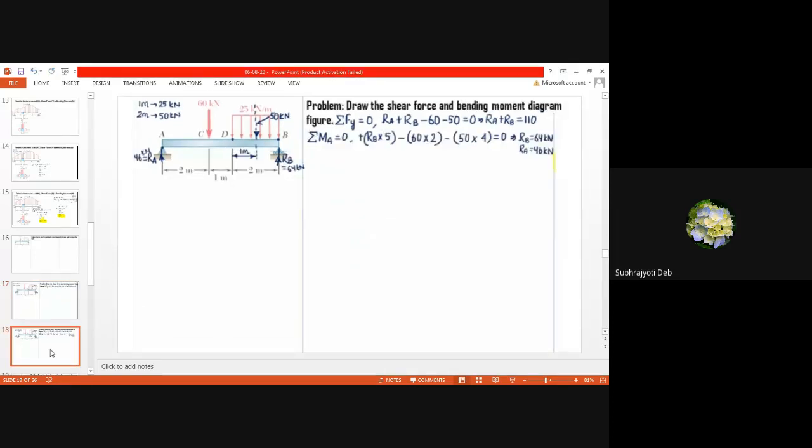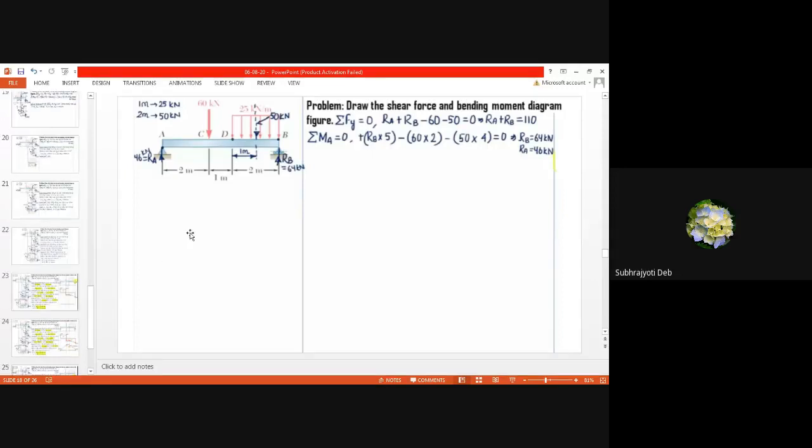Next point is moment. Summation of moment is equal to 0. At point A the moment is equal to 0, because the distance is 0.